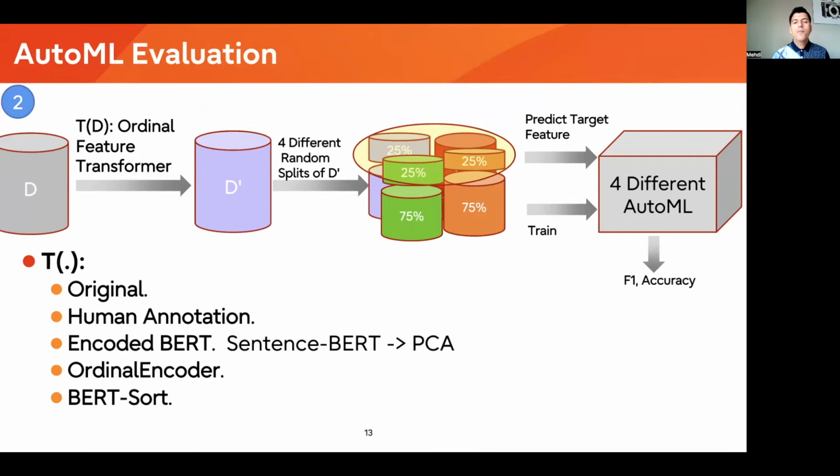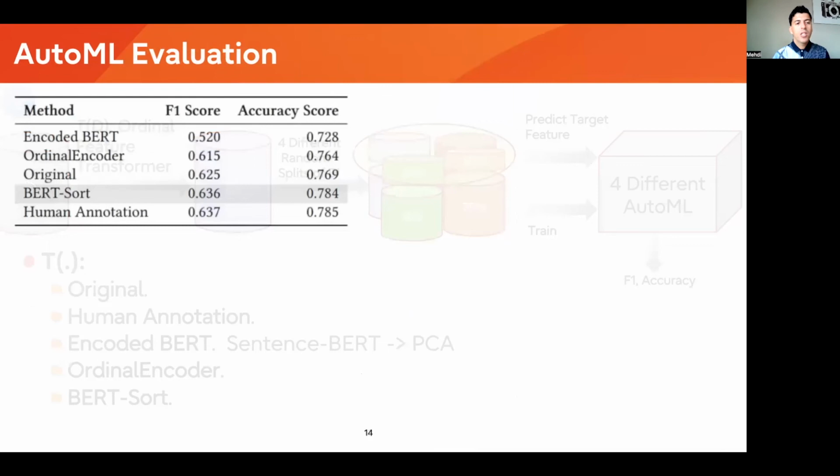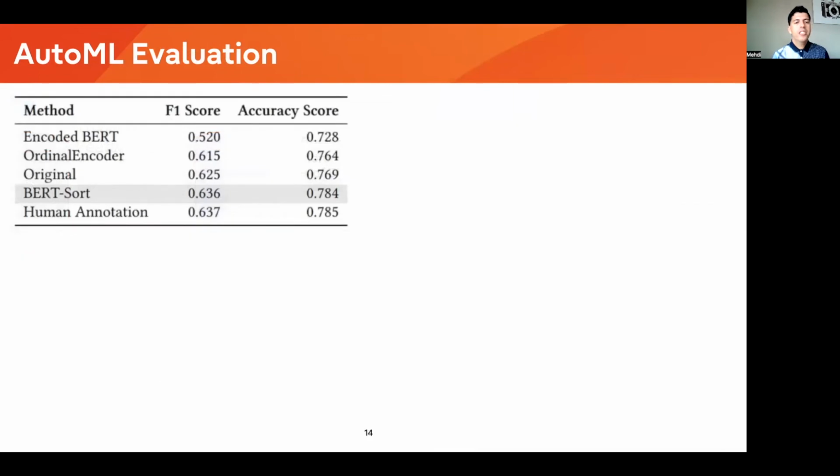And then we use 4 different shuffled data and see on 4 different AutoML platforms the F1 and accuracy. As shown in this table, BERT-Sort performs very well, close to the human annotation, as a data scientist might encode those values manually and provide better performance.